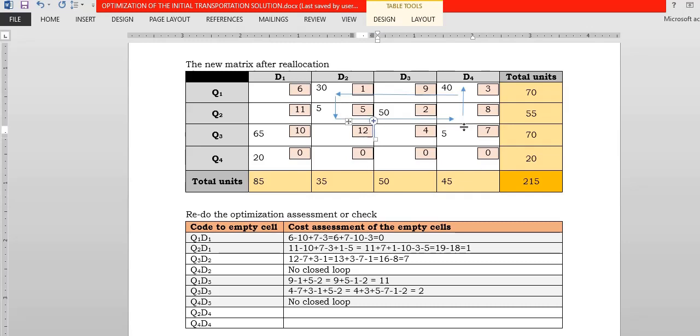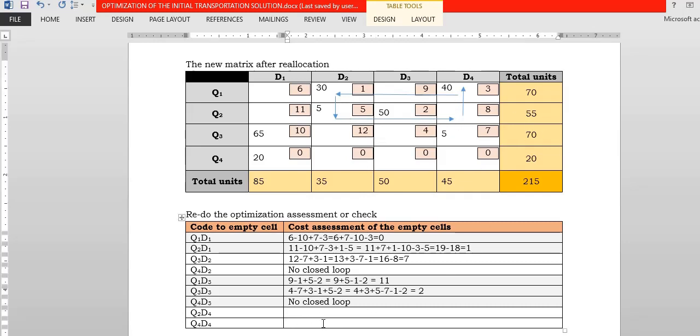So in this particular closed loop, we shall now get Q2D4. We shall start with 8. That's where the empty cell is. 8 minus 3 plus 1 minus 5. This is cost assessment, remember? Cost assessment, so plus 1 minus 5. So this becomes 8 plus 1.